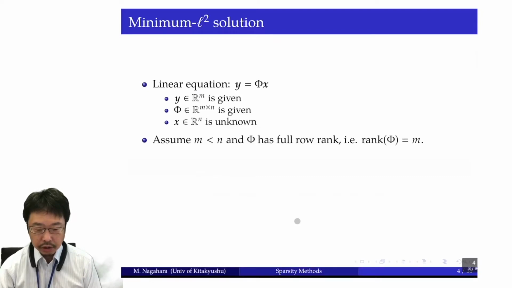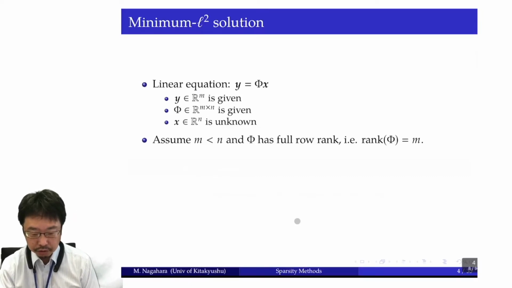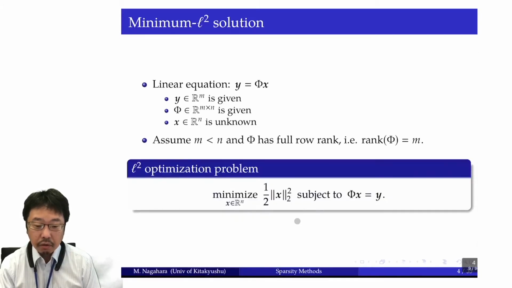We here assume that the number of equations m is less than the number of unknowns n, and the matrix phi has full row rank, that is, rank phi is m. Then, as we have seen, the L2 optimization problem is given by this.